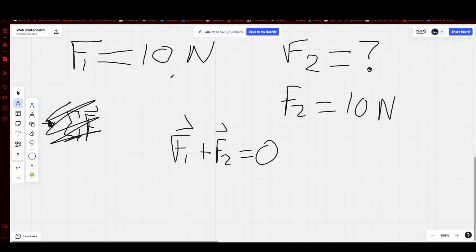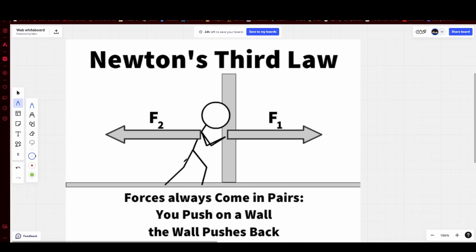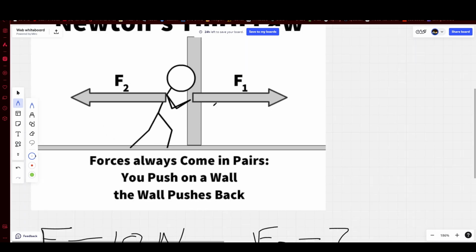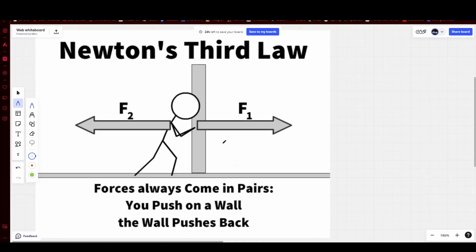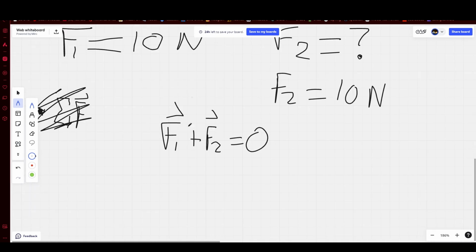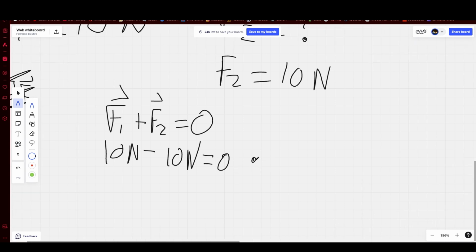And don't forget vectors. We know F1 is acting left and F2 is acting right. So let's make right positive and left negative. Then 10 newtons minus 10 newtons equals 0. Therefore, these three dots in mathematics and physics mean therefore: no acceleration.